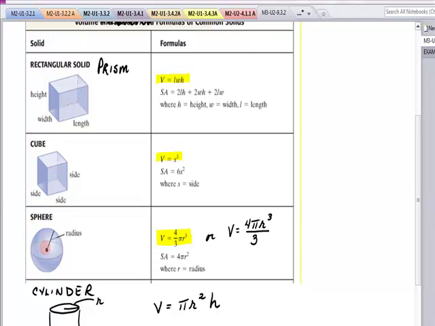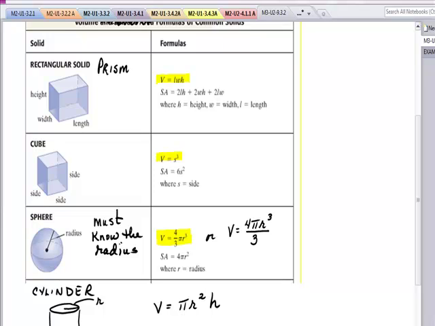Then there is a sphere, which is a ball. For the formula for a sphere, you must know the radius.